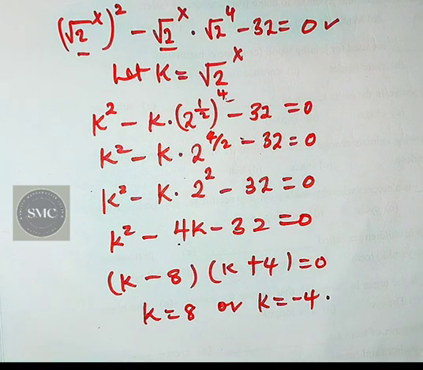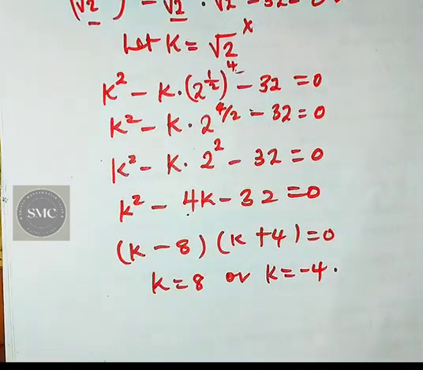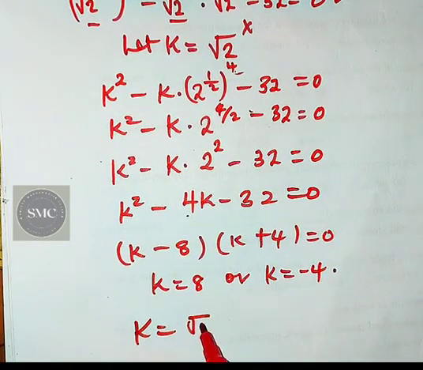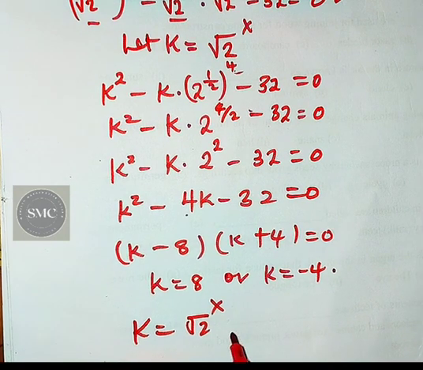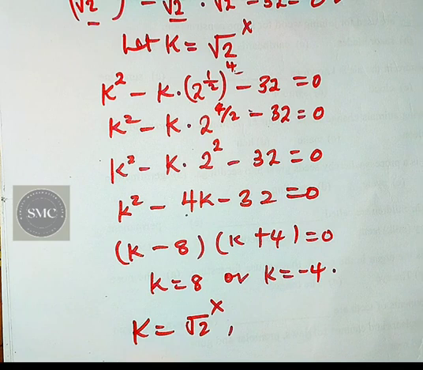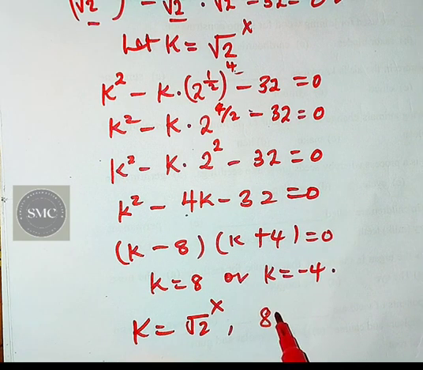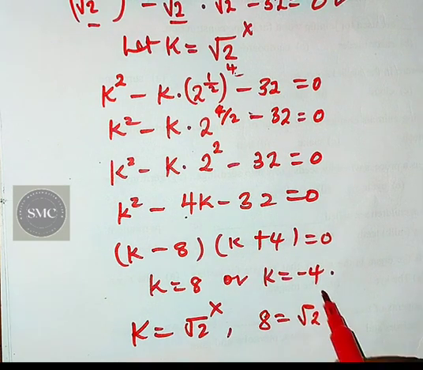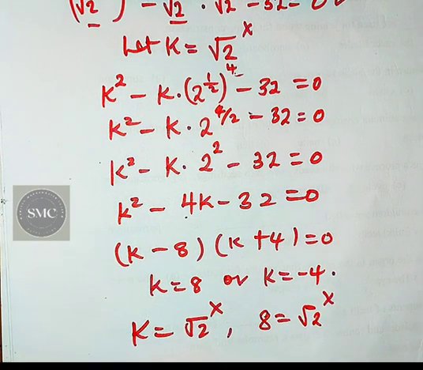So now the next thing we are going to do is recall that we let k equal root 2 to the power x. Here we are going to pick the values of k one after the other. So this is going to be 8 equals root 2 to the power x.